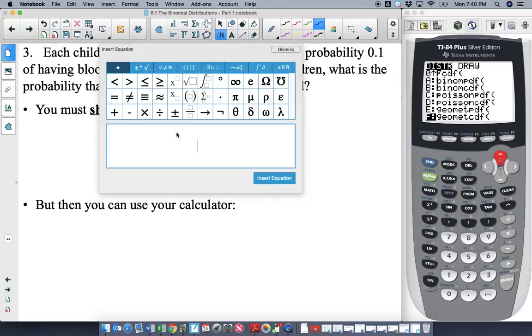So I'm going to do the probability that X, our random variable, is equal to 2. We want to know the probability that 2 of the 5 kids have type O blood.